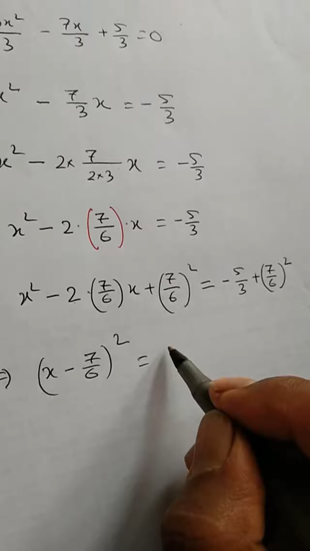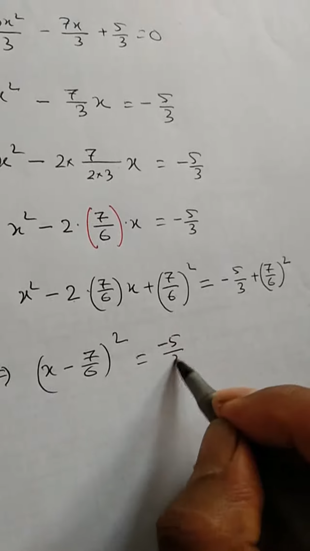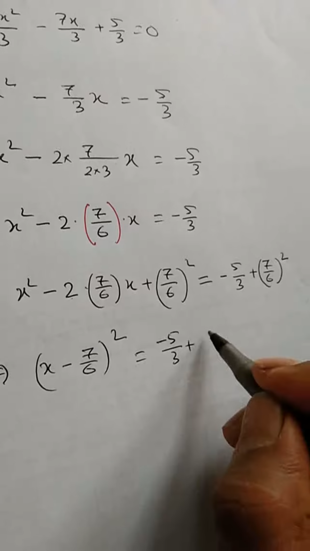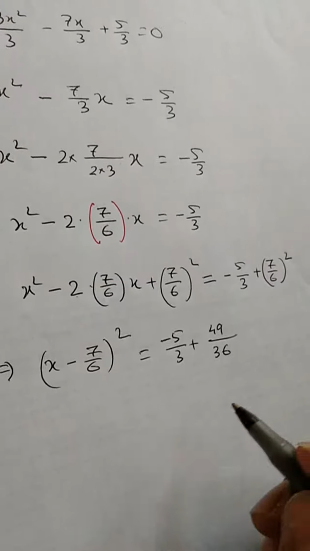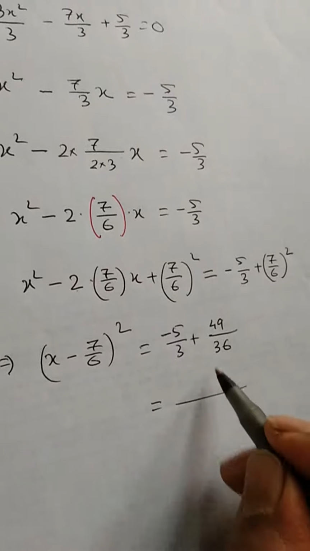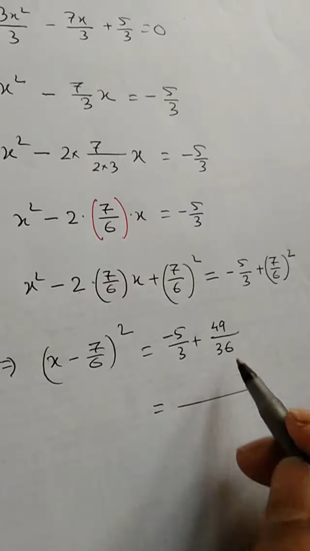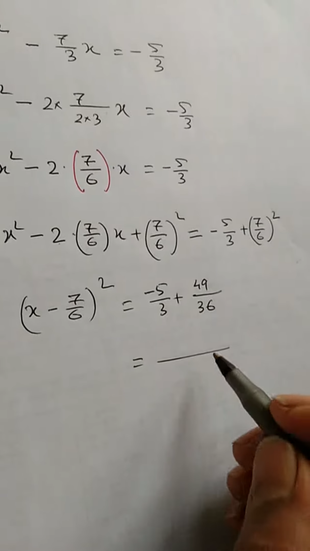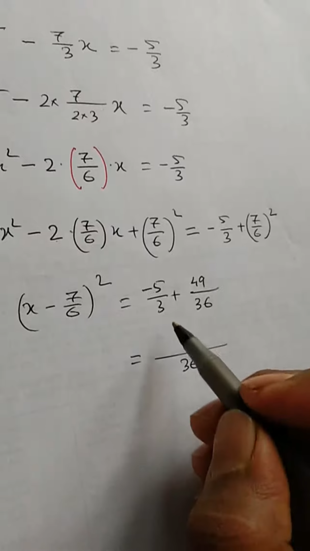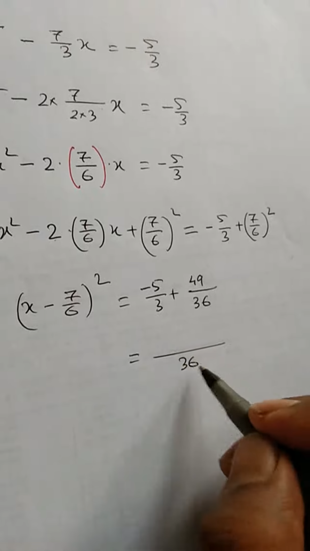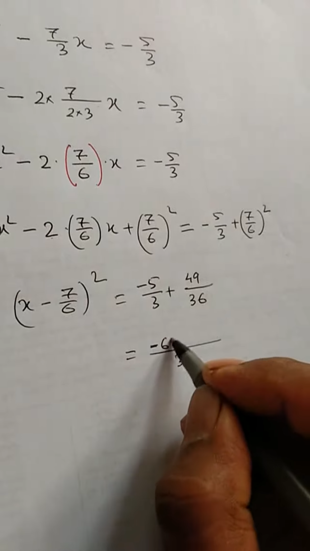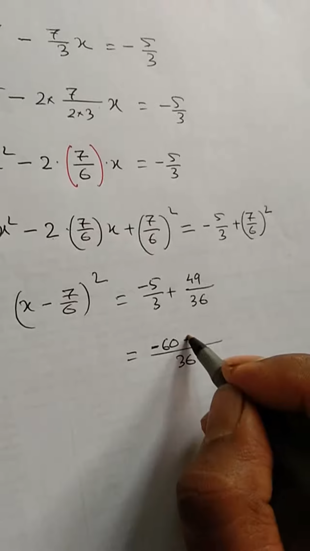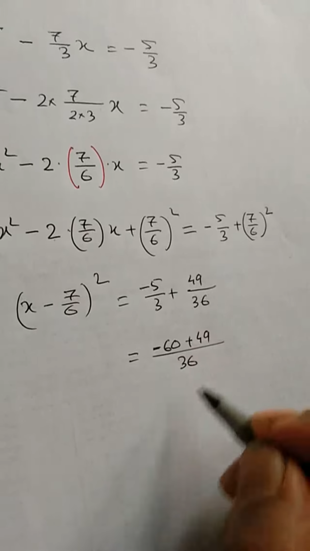So this will be minus 5 by 3 plus 7 square 49 by 36. Then let us take LCM. LCM of 3 and 36 is 36 only. So 3 12s are 36, 12 5s are 60, minus 60 and then plus 49.